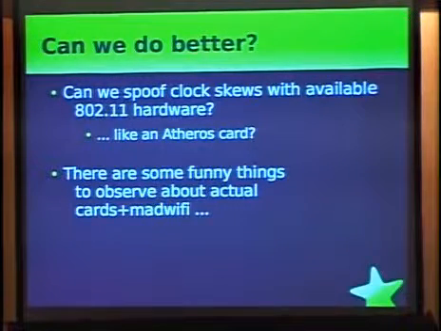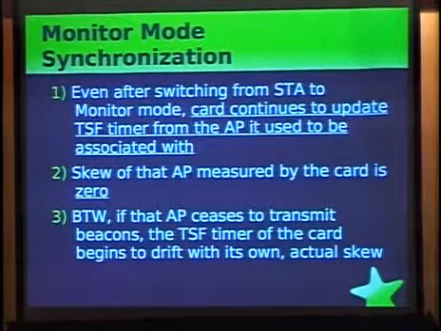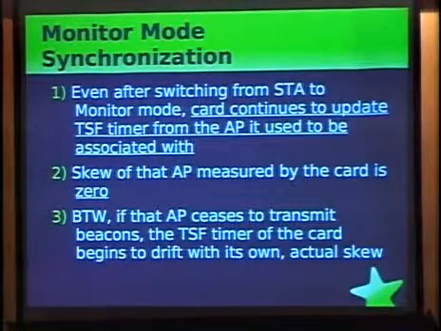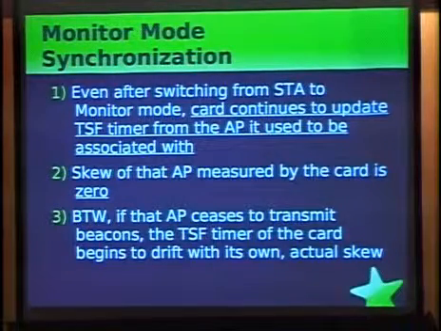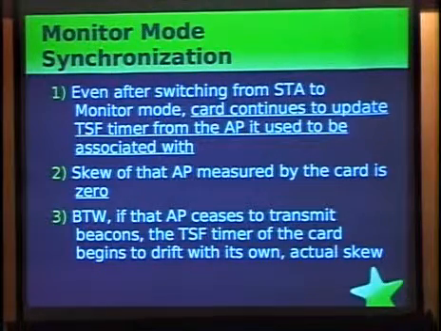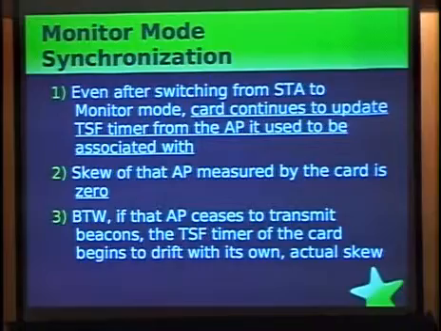So the question is, can we spoof clock skews with the cheap hardware, or the not so cheap hardware like a Ubiquiti Atheros card? And there are some interesting things to observe about how actual cards behave. Actual cards, when we put them in monitor mode, after they've been associated with one of our APs, exhibit this interesting behavior.